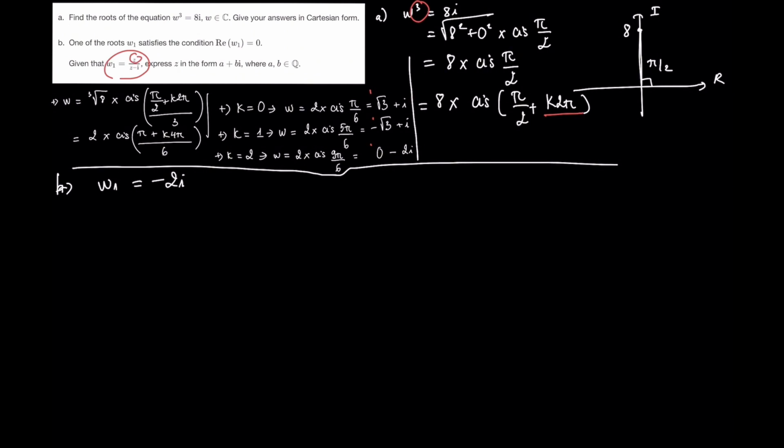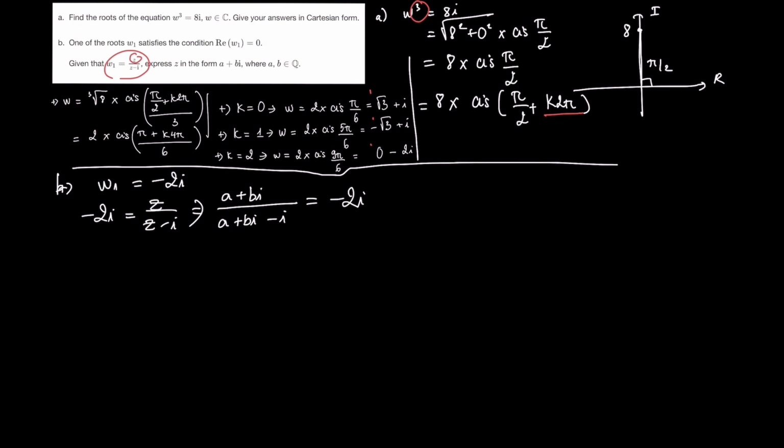And next, we're gonna write this in the given form from the question. So it's gonna be minus 2i being equal to z over z minus i, which you can also put in a plus bi as z. So we're going to have a plus bi over a plus bi minus i.